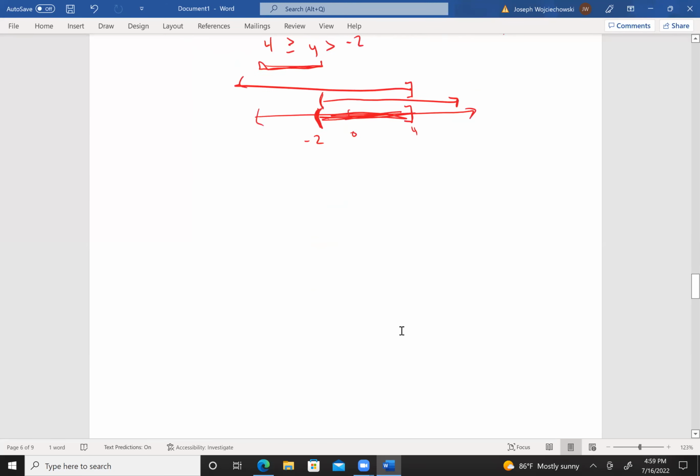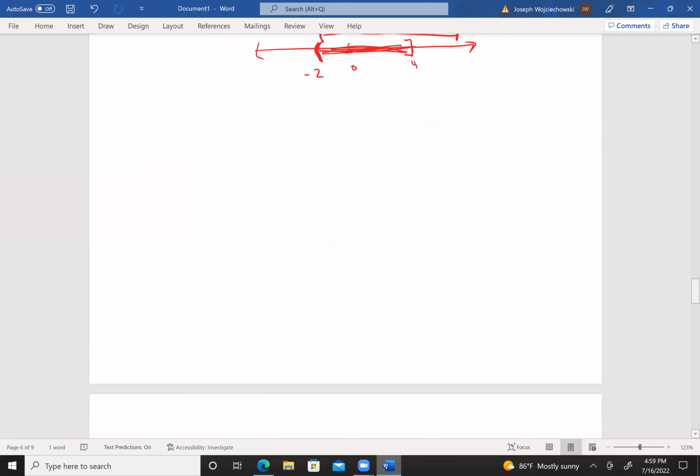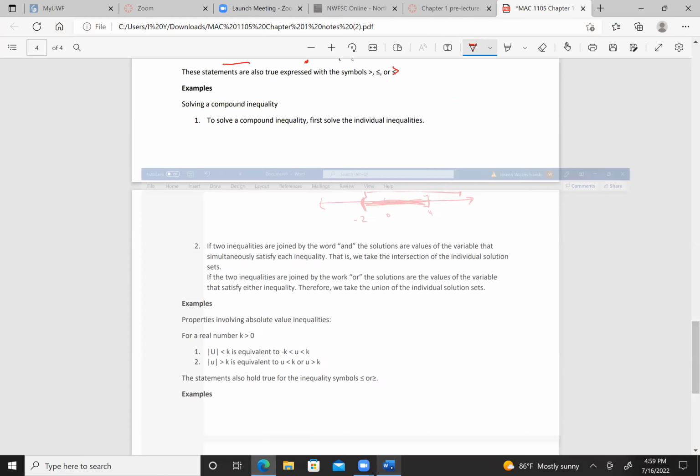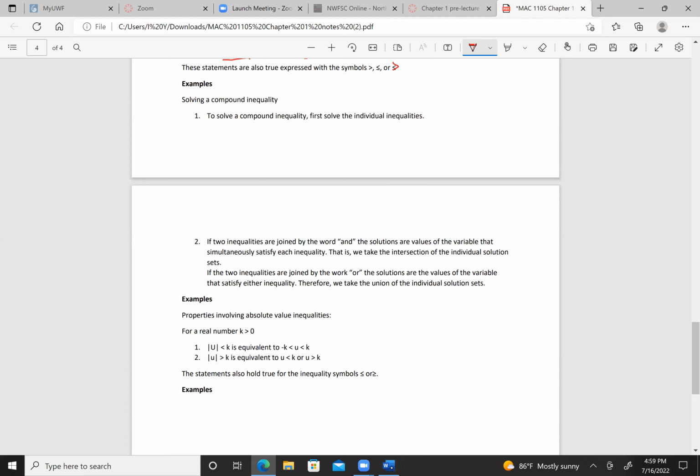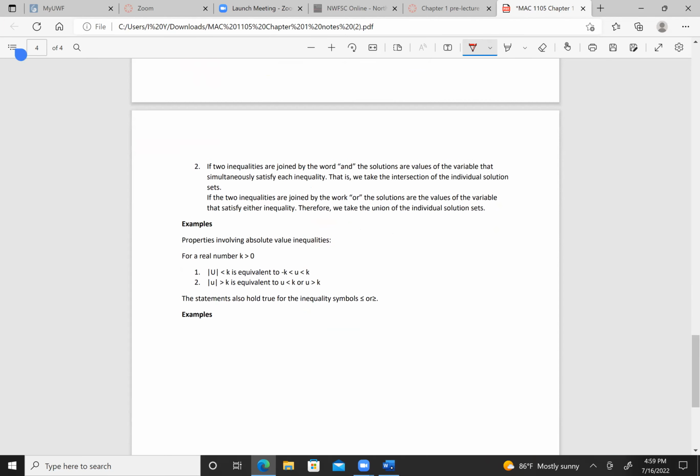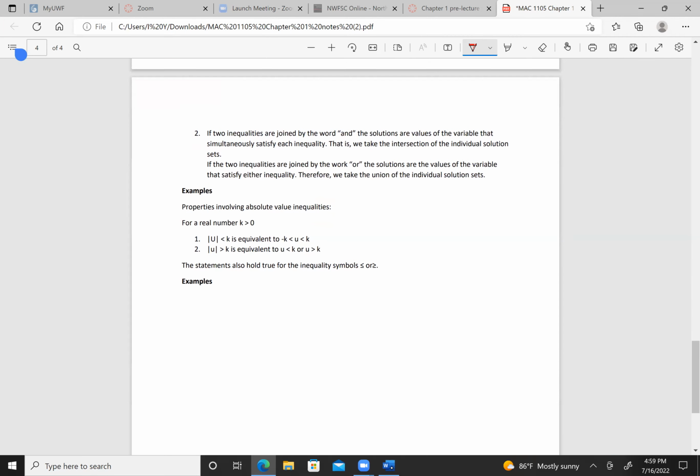Okay, so let's look at absolute value. Let's talk about this a minute first. Properties involving absolute value inequalities. For any real number k greater than 0, so positive, absolute value of u is less than k is equivalent to putting u between -k and k.